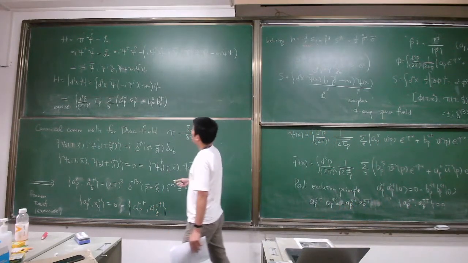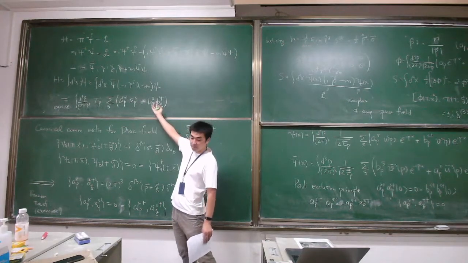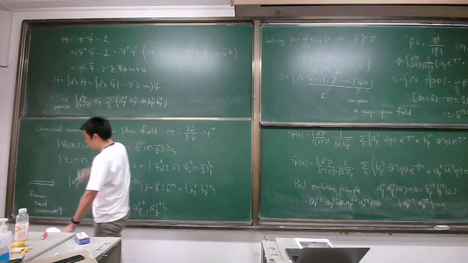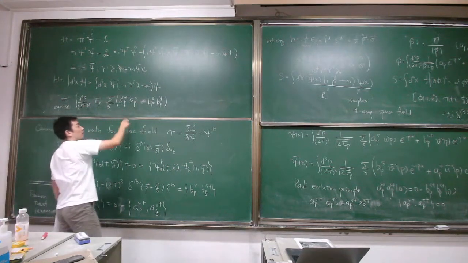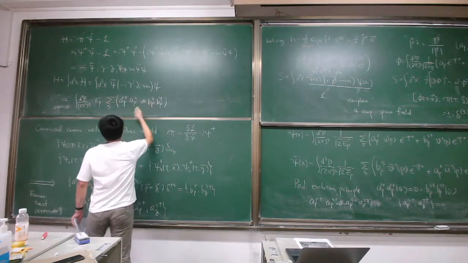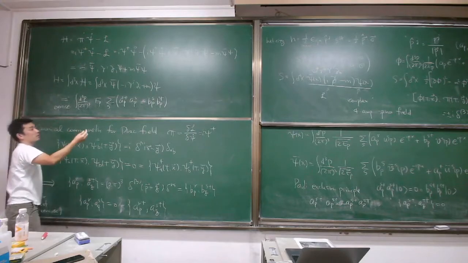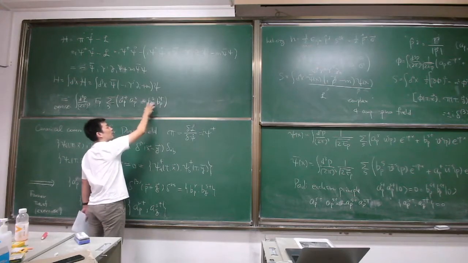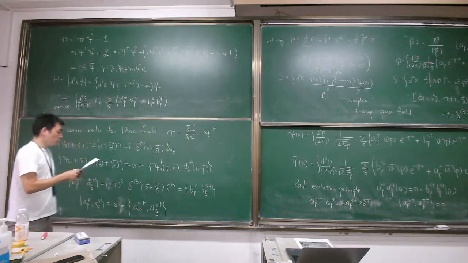Here the same problem will appear as in the scalar theory, but here you have to be careful about the sign. If you take normal ordering, as I mentioned, you have to put the creation operators to the left and the annihilation operators to the right.